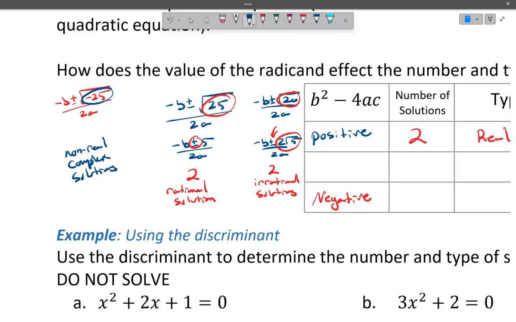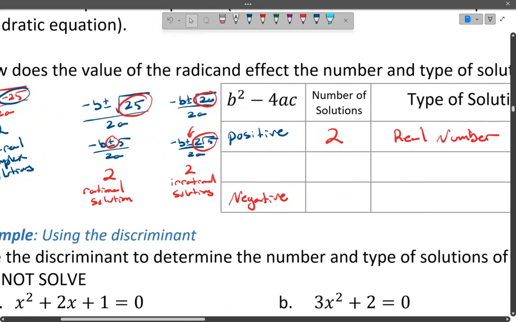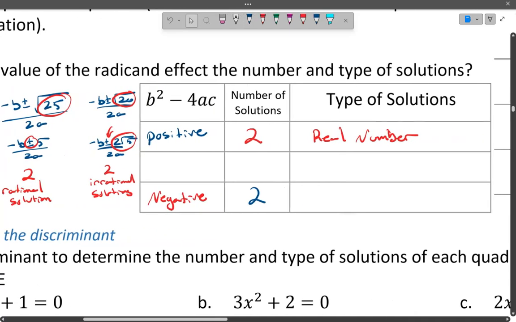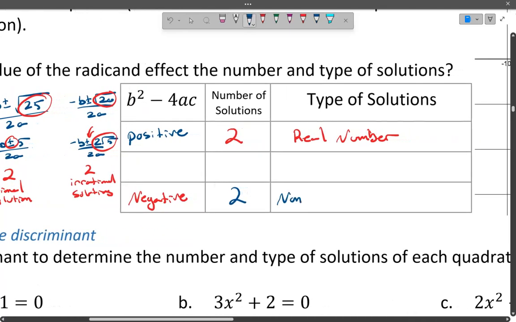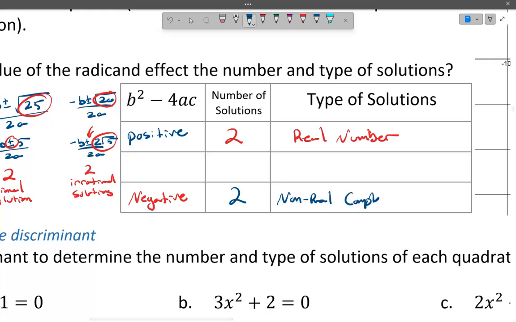I'm going to have non-real complex, but because I have the plus or minus, I'm still getting two solutions. I have two non-real complex solutions. Non-real complex numbers.